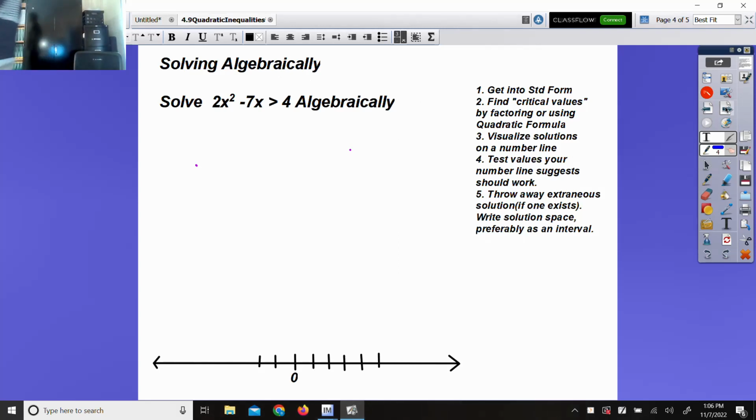All right, so that was graphically. Here's algebraically. And there's how you do it. You put it in good old standard form. What's that thing look like in standard form? I make a direct comparison to 0 now.